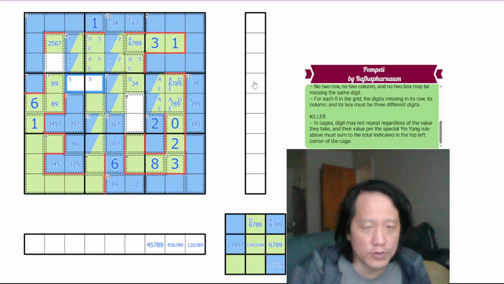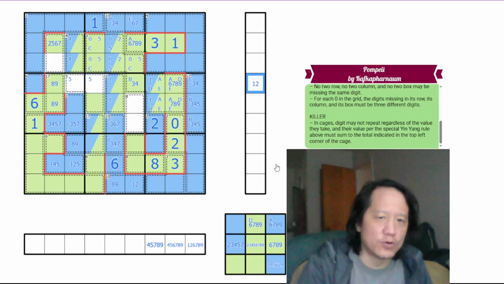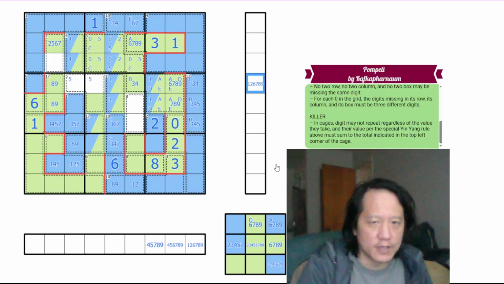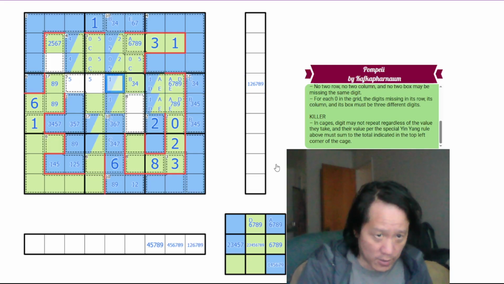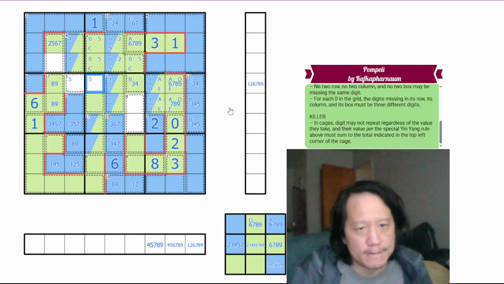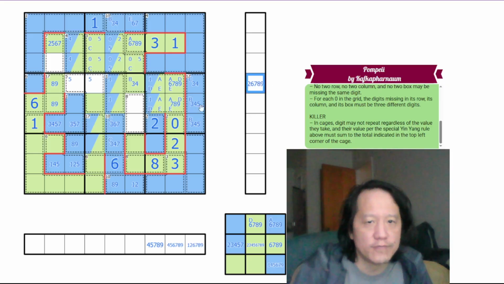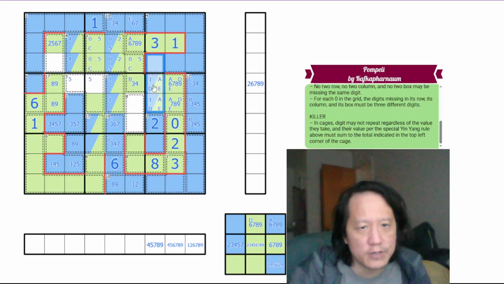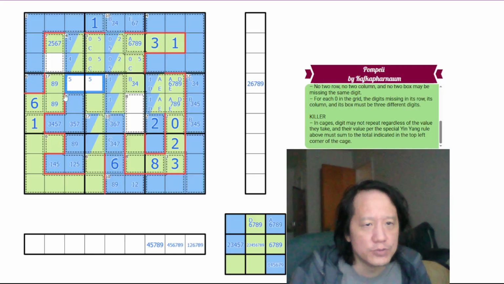So in row 4, we have 2, 1, 2, 6, 7, 8, 9 as the possible digits that's not there. It can't be 1 because we have a 1 guaranteed here and a 1 guaranteed here. So if it's 2 blues, obviously this goes out.